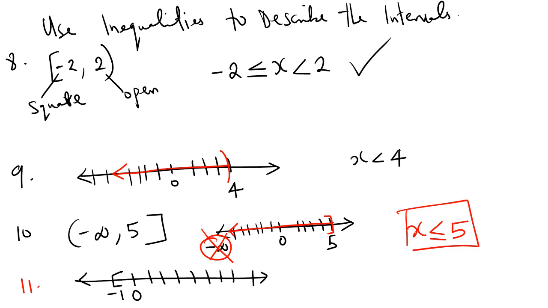You have 0 here, and then you have 1, 2, 3, 4, 5, 6, 7. I have 7 here, and you have an open bracket, not a square bracket. So how do you write this as an inequality? It will just be x is greater than or equal to -1, but less than 7.